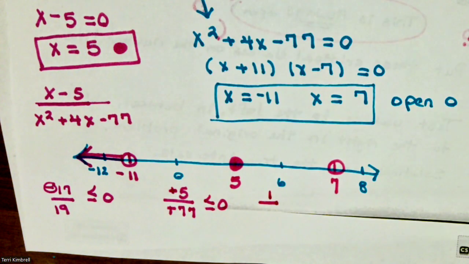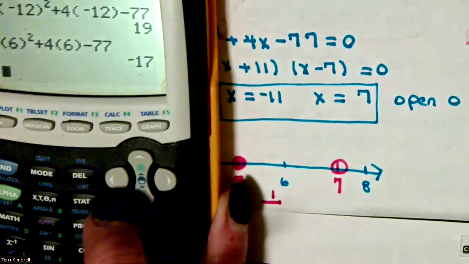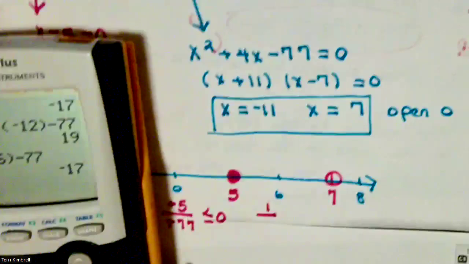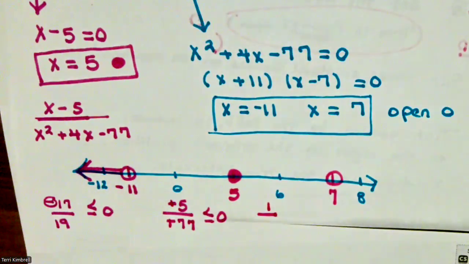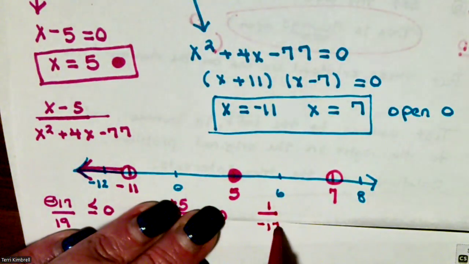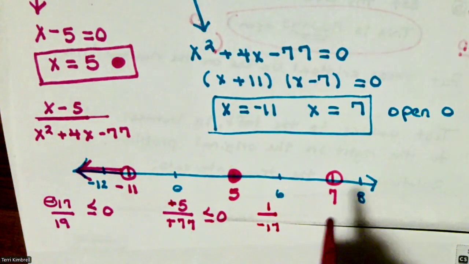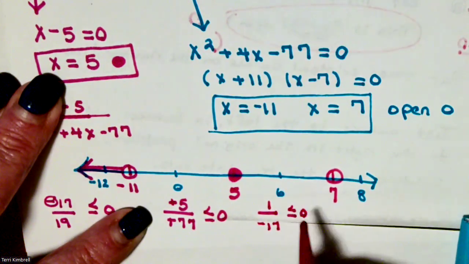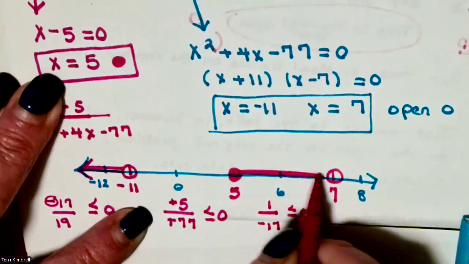And then you can type your other part in if you prefer. Just make sure you put parentheses around that when you type that in. So 6 squared plus 4 times 6 minus 77 is -17. So a negative is smaller than 0, so that would be true here as well.